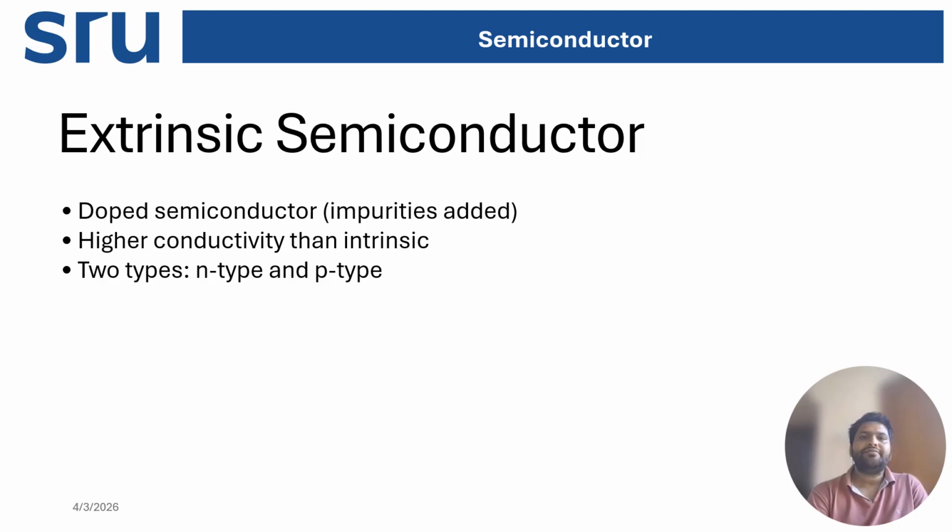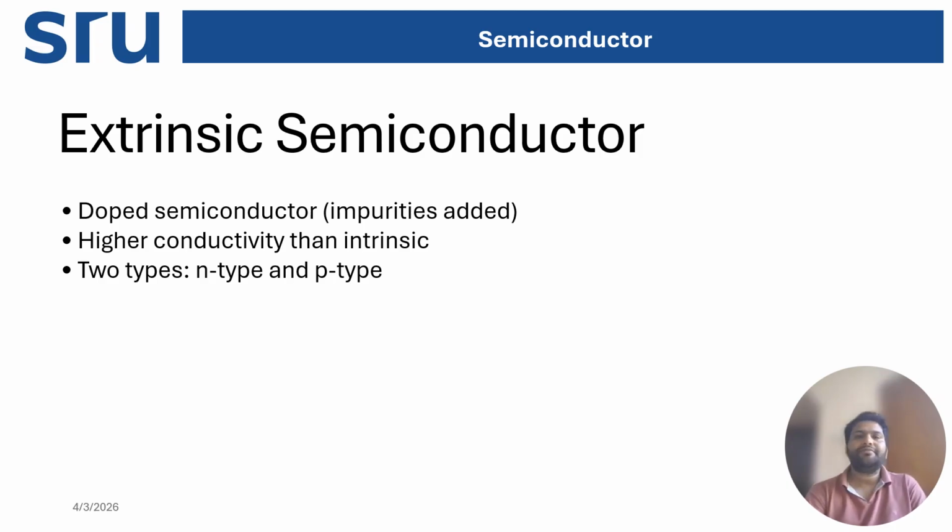So the types of extrinsic semiconductor are mainly two. You have to add some impurities in a pure semiconductor, then it is made into an N-type or P-type semiconductor.